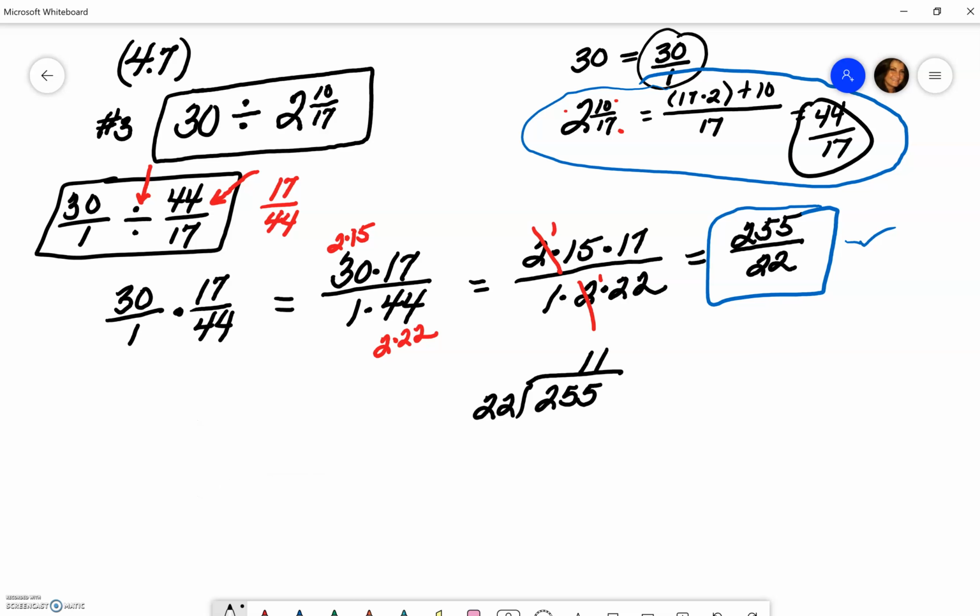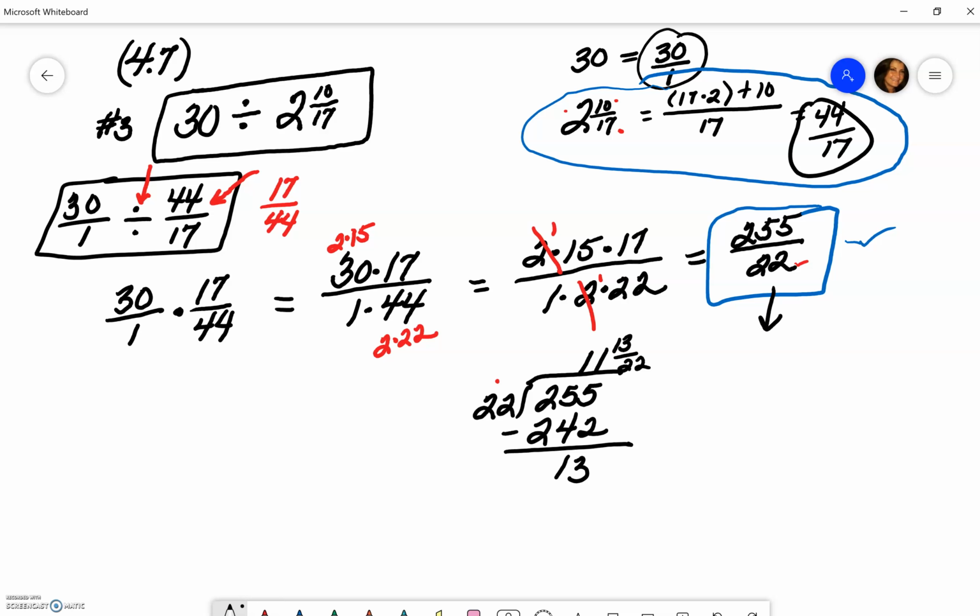Now you just take 22 times 11, you plug that into the calculator, and you'll end up with a result of 242, and when you subtract those out, you end up with a remainder of 13. Now the 13 remainder is your numerator, and the 22 is your denominator. So you can see here and here, the denominator never changes.